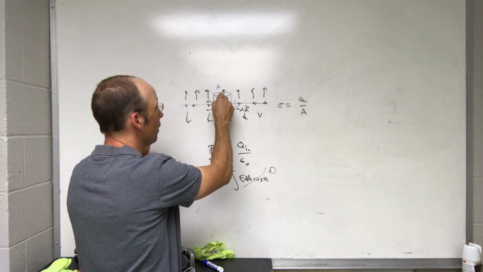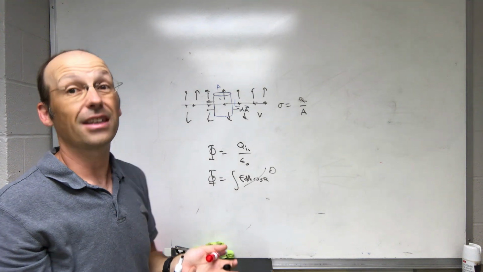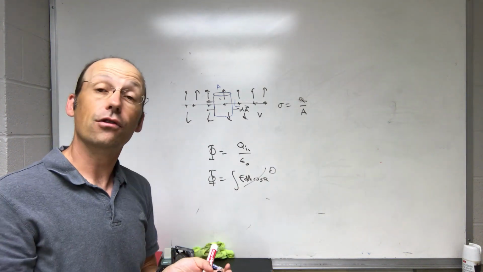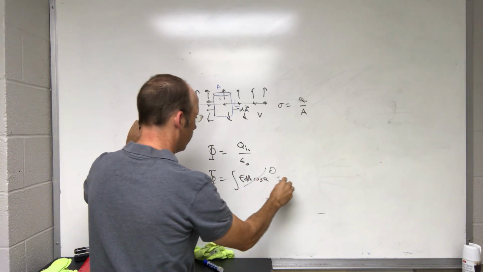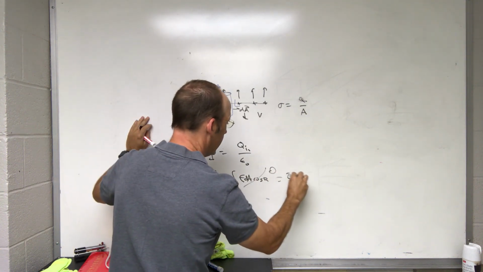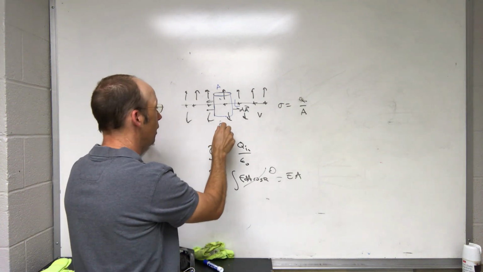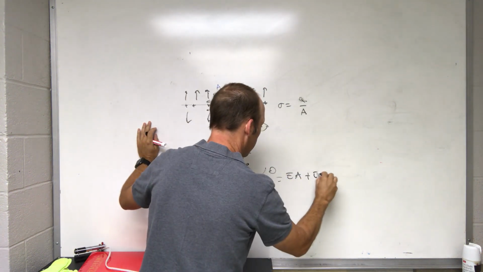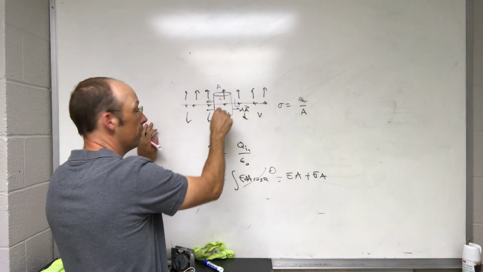Now on the top, up here, what's the angle between the area and the electric field? It's 0 degrees. And the electric field's constant. So on the top up here, the electric flux is going to be equal to E times A. That's it. And then down here, it's also equal to E times A. So the total flux is 0 plus EA plus EA.